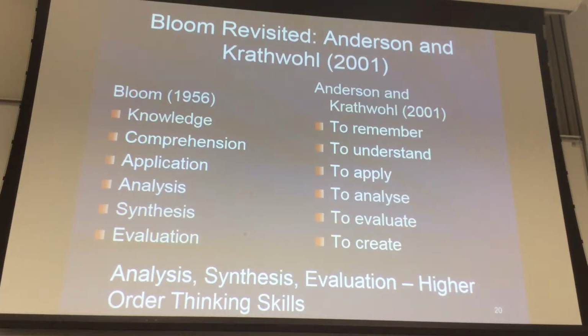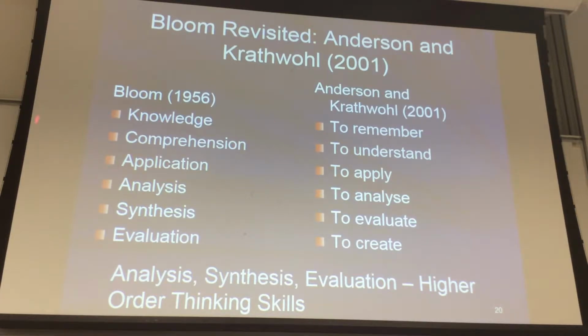Now, sometimes when people Google Bloom's taxonomy, they get the wrong one. So you have to be very careful. Because in 2001, Anderson and Krathwohl wrote a revision of Bloom's taxonomy. But they waited until Bloom died to do it. And I don't think Bloom would be too happy with it.